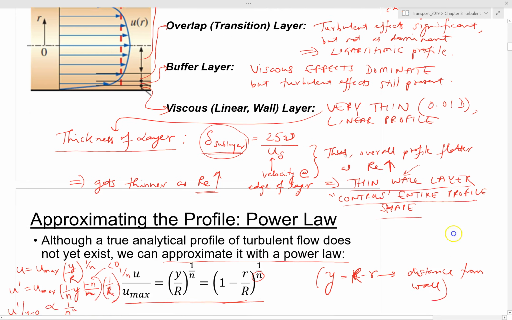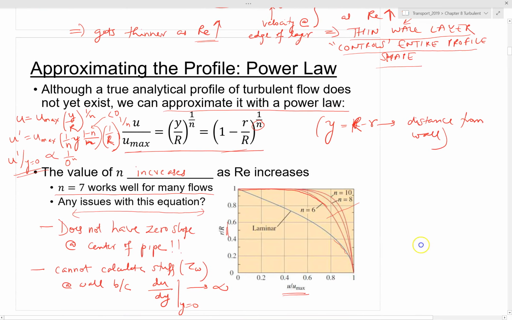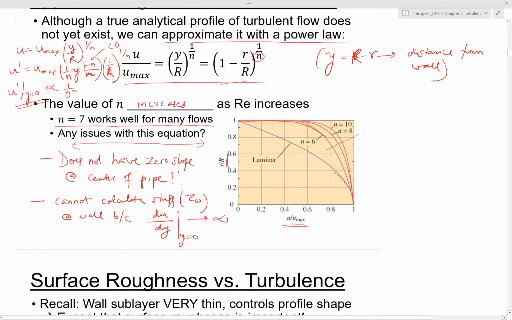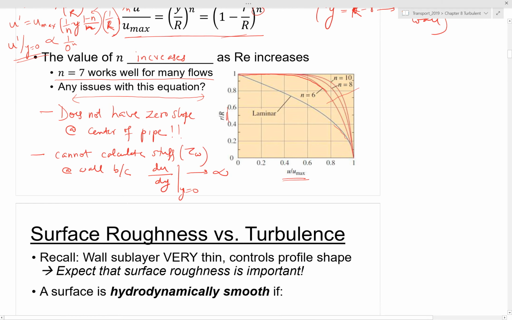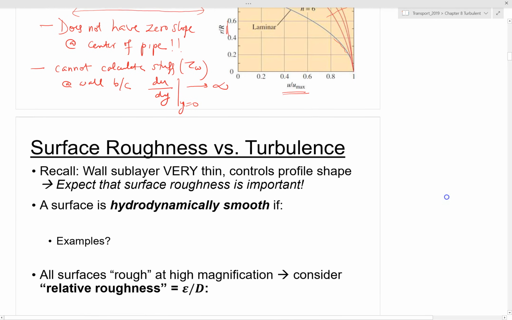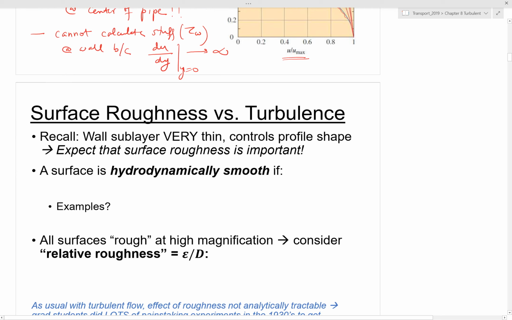What will it do to the entire profile shape? And this is a problem which plagued the fluid mechanics community back in the early 1900s, and that's where this whole field was erupting as a major research topic. That's what we will be seeing, how engineers actually came up with simple empirical tools to characterize this effect.